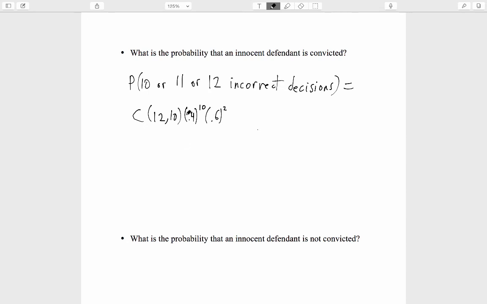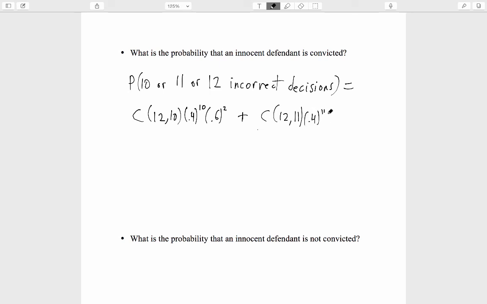It's not so helpful to use the language of success or failure here. Or if you want to use the language of failure, you can say, okay, what's the probability of 10 failures in 12 attempts? The point is that if 0.4 is the probability of failure, then the exponent should be the number of failures. We go on to the probability of 11 members of the jury getting it wrong.